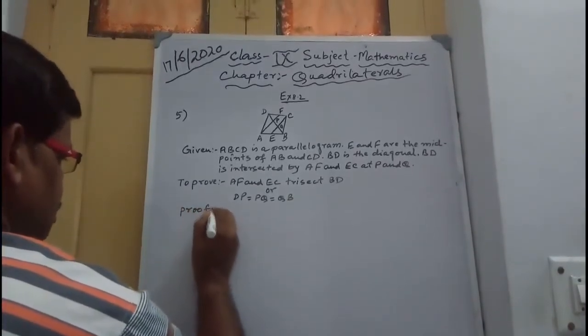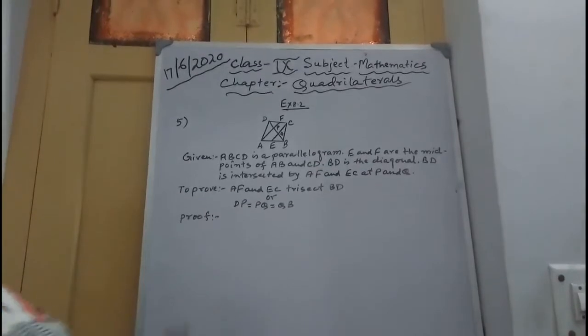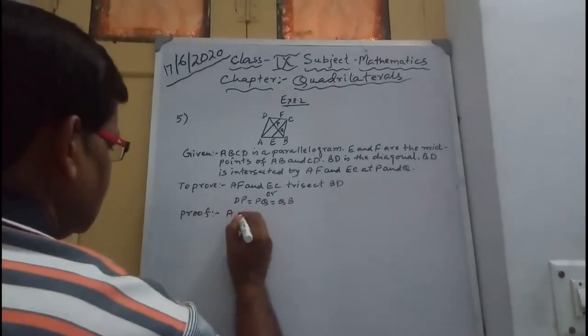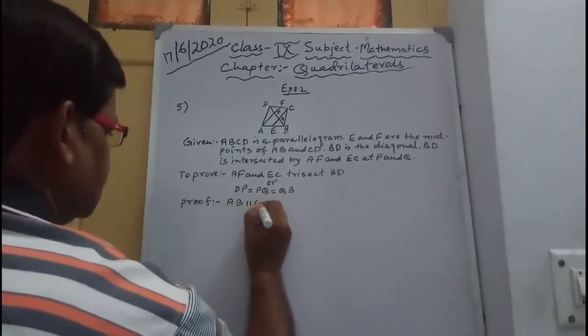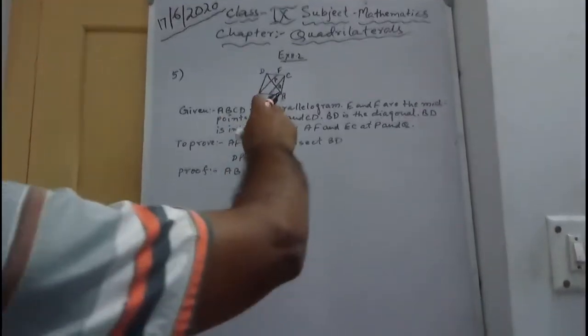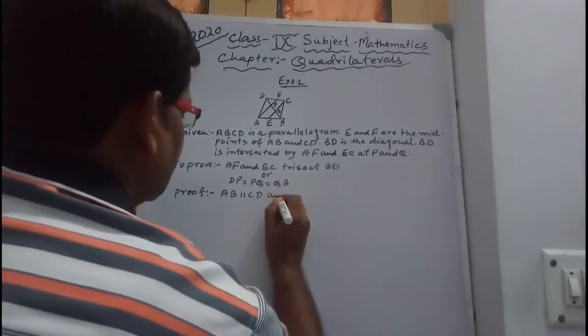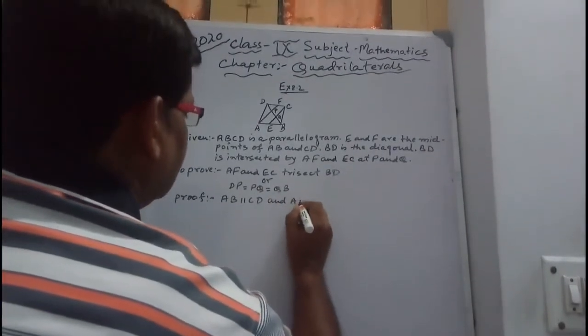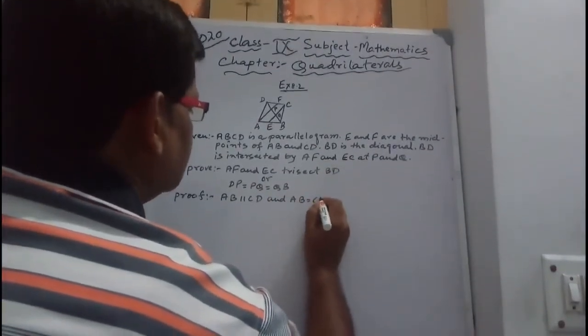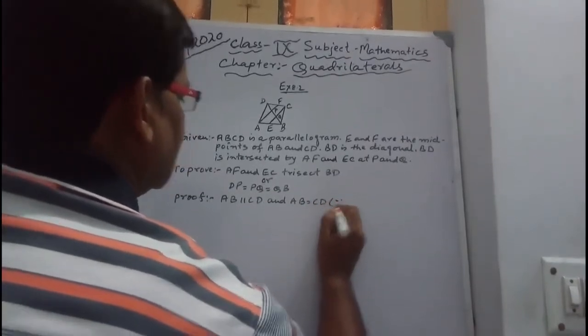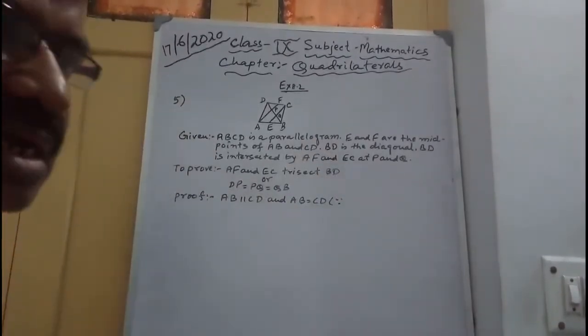Now prove: AB is parallel to CD, and AB is equal to CD, as ABCD is a parallelogram.